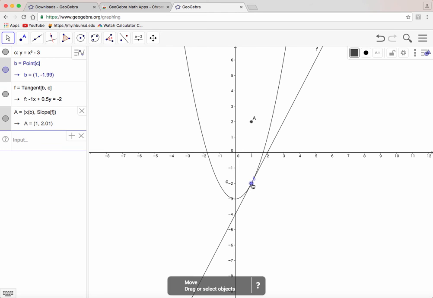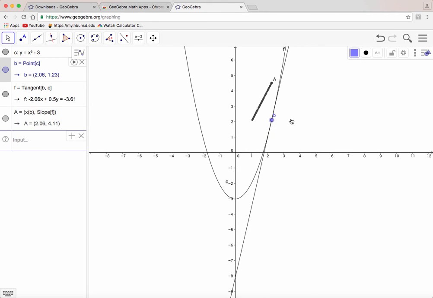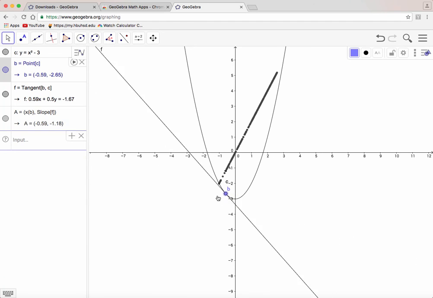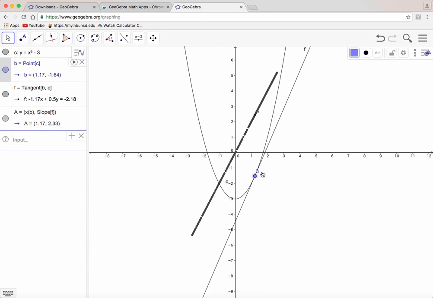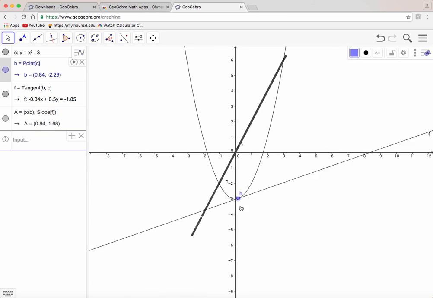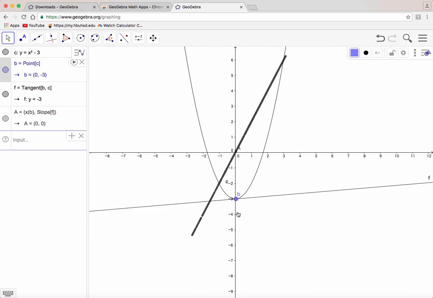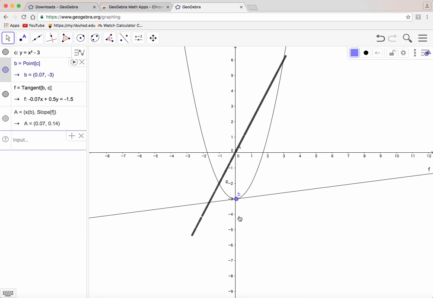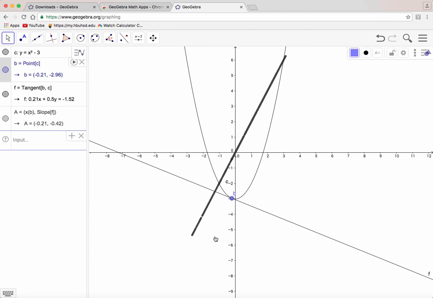Now we're going to move this point B, and as I do that, I am now collecting all of these different points that have the same x-coordinate as B, but now the y values are the slopes of the tangent line at B. For example, notice here, as soon as I pass 0, my slope suddenly became negative.